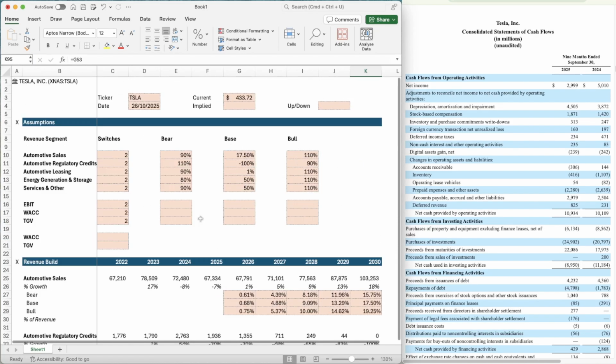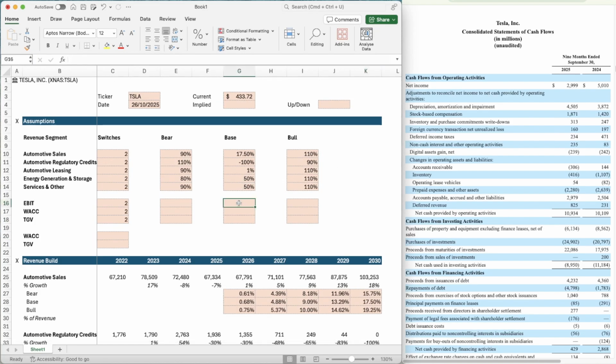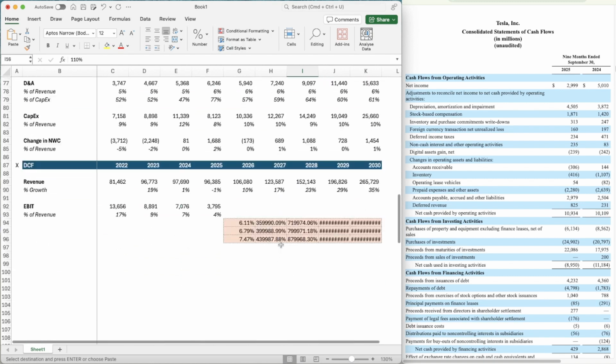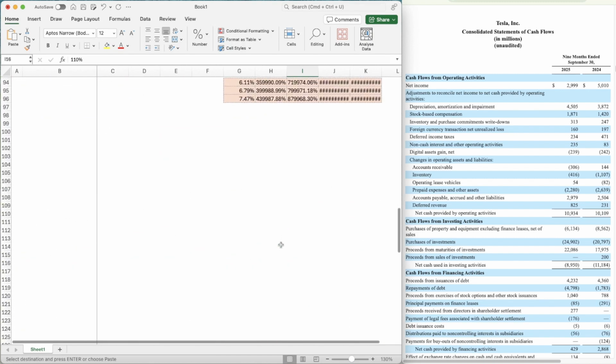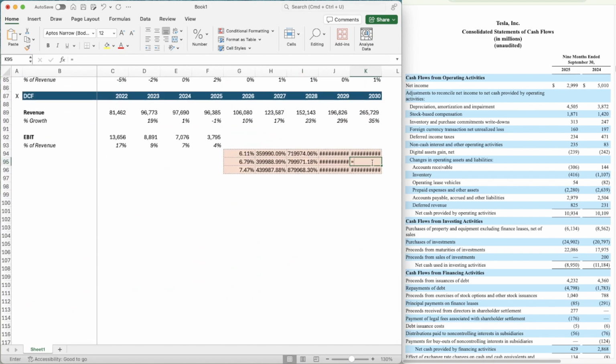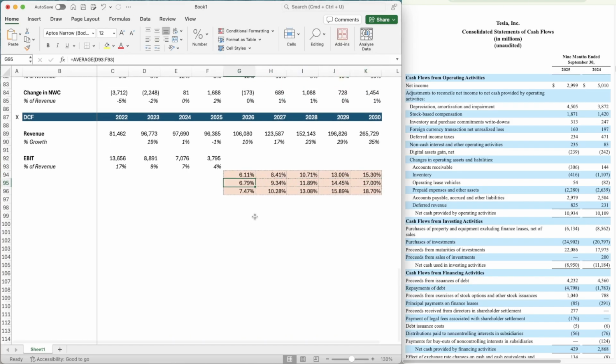So okay, let's put 17% here. A bearish case, we'll say 90% of that. And the bullish being 110%, equals G16. Okay, yeah, it looks good.